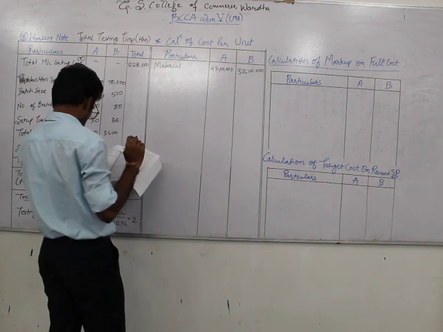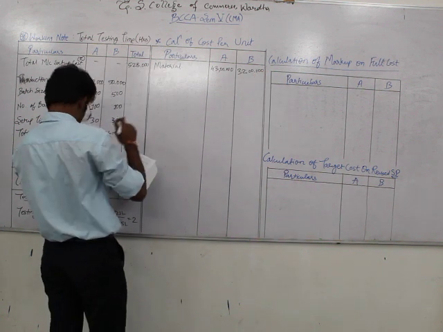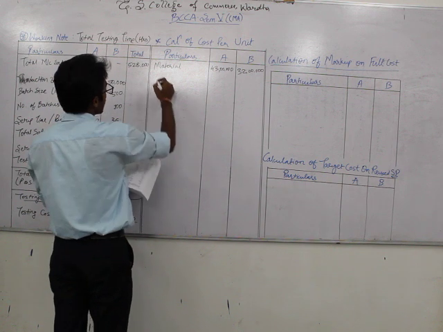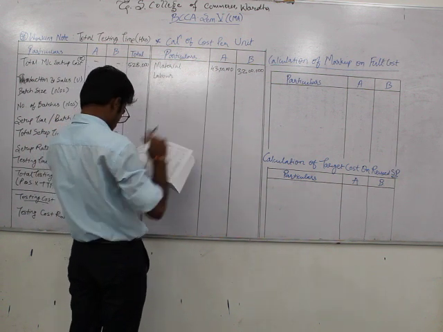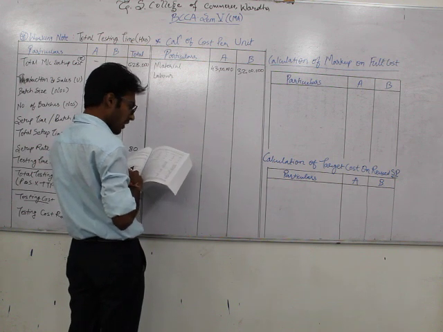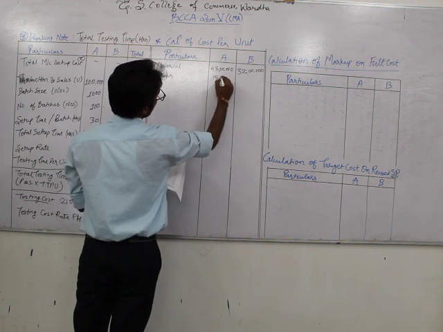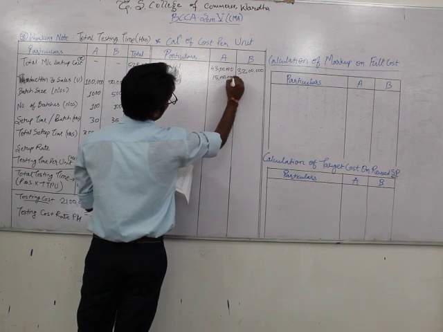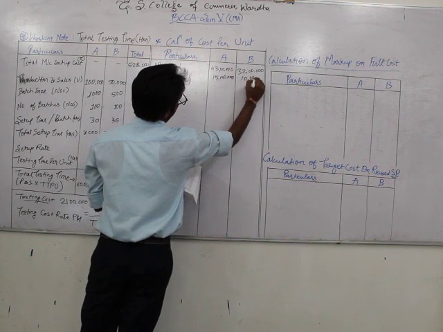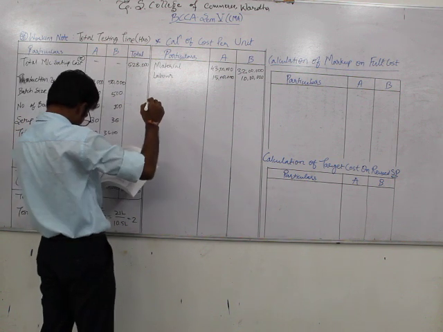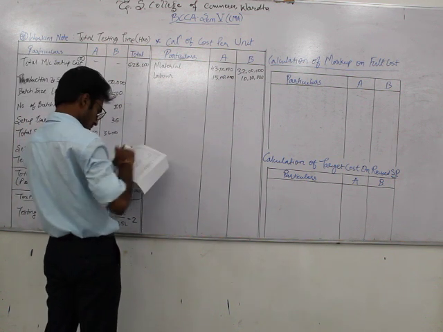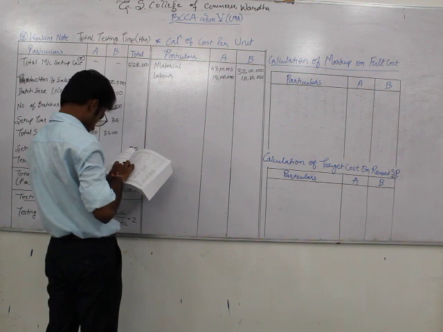Now after material, direct labor, and labor is 15 lakh and 10 lakh. Then after that, we're going to have machine cost.